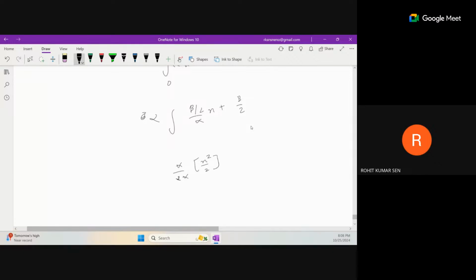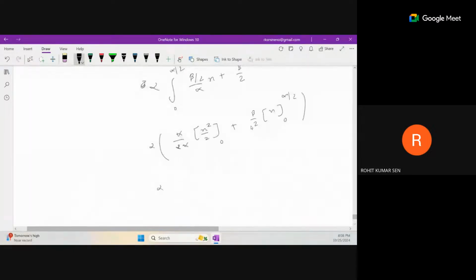What is the integration? x square by 2 plus beta by 2 x from what to what? 0 to alpha by 2. So you just need to plug in the value.